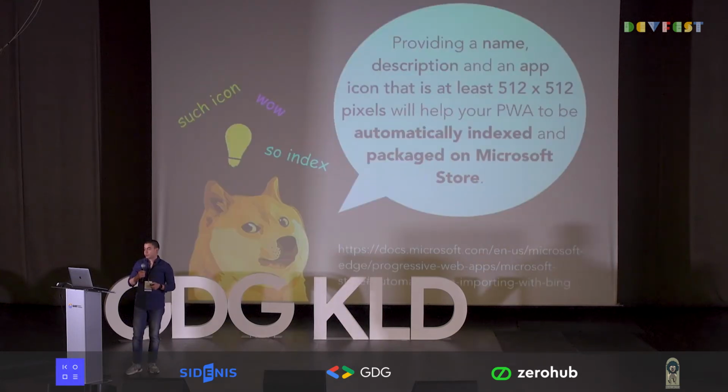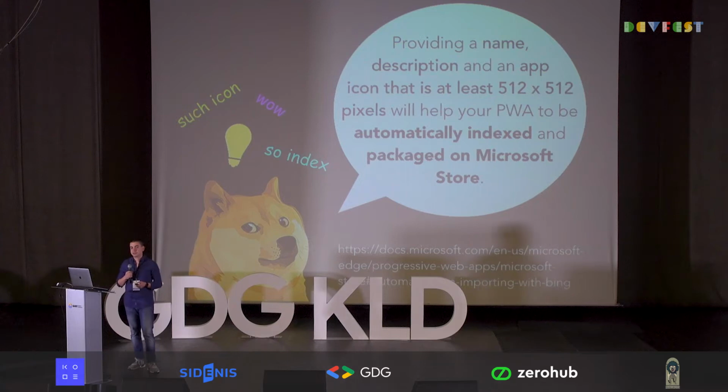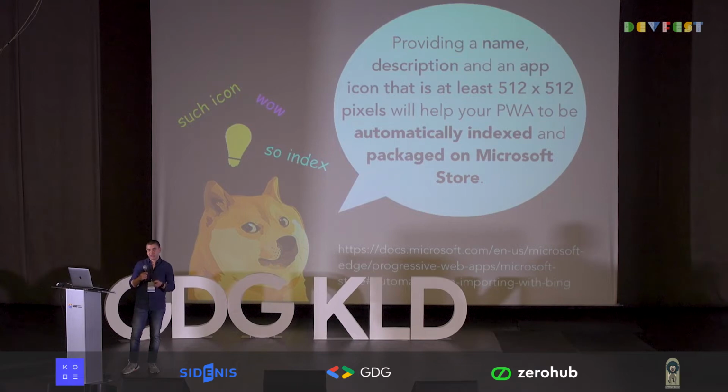And more importantly, by providing this description, you satisfy the criteria for Microsoft to automatically index your PWA and package it for their store. So when you provide a name, a description field, and an app icon that is at least 512 by 512 pixels, then Microsoft will automatically index your PWA and package it like a native application in their store.